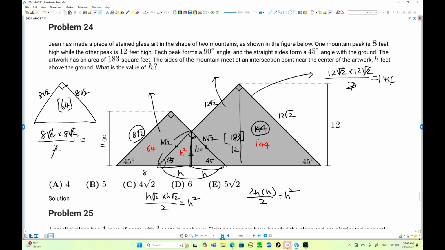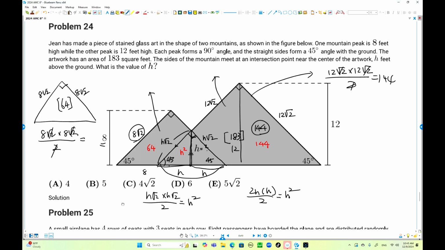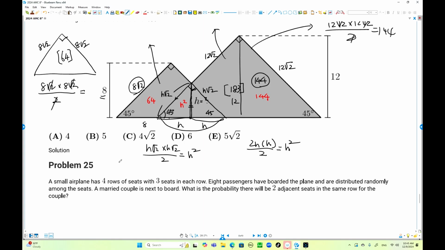You can use a Venn diagram or the inclusion-exclusion formula, right? That's over. The total area equals how much? 64 plus 144. What we take off is the common area, H squared. That equals 183, okay? So H squared equals how much?